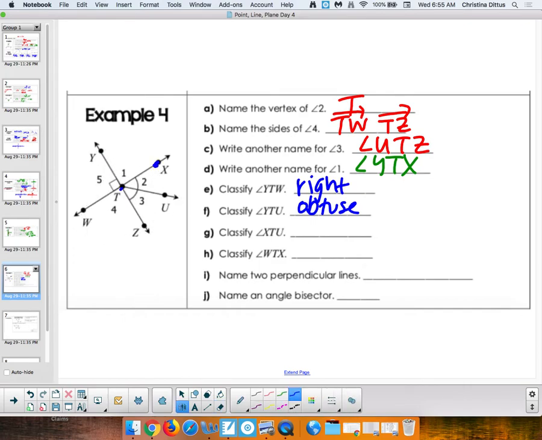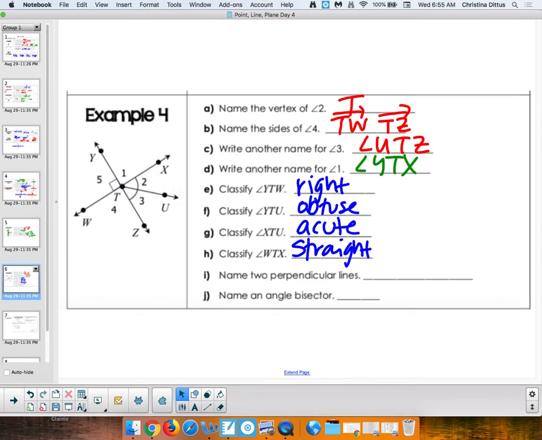Angle XTU, right here, definitely less than 90, so it is acute. And angle WTX makes a line, so it is a straight angle.